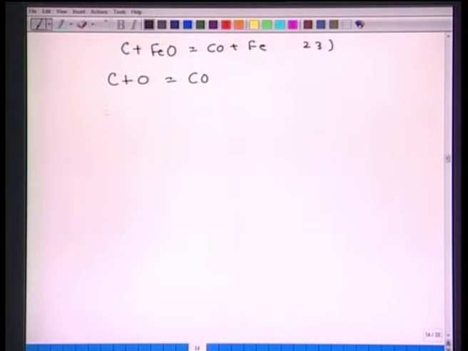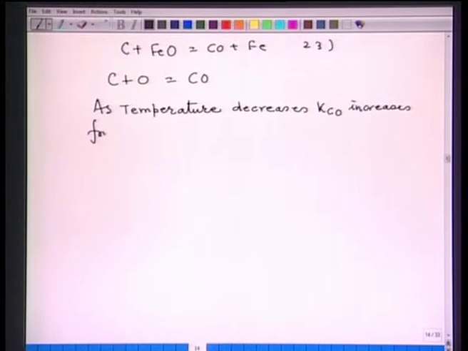As temperature decreases, for example, KCO increases from 474 at 1873 Kelvin to 516 at 1773 Kelvin. What does it mean?